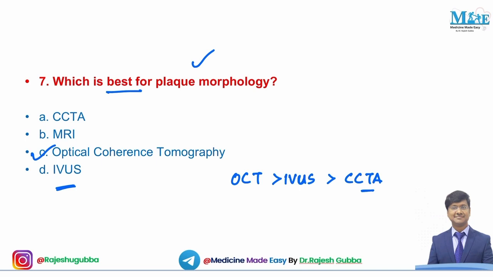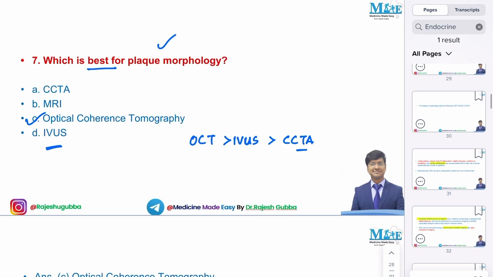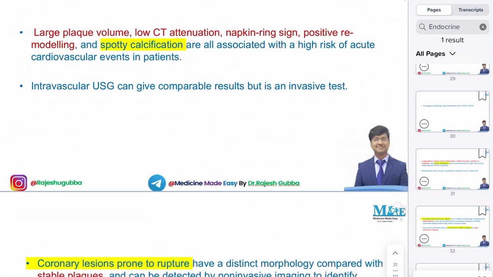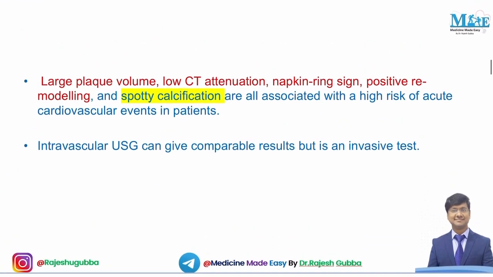All right, and what are the plaque morphologies which are at increased risk of rupture and causing myocardial infarction? That includes the following: presence of large plaque volume, low CT attenuation, napkin ring sign, positive remodeling, and spotty calcification.